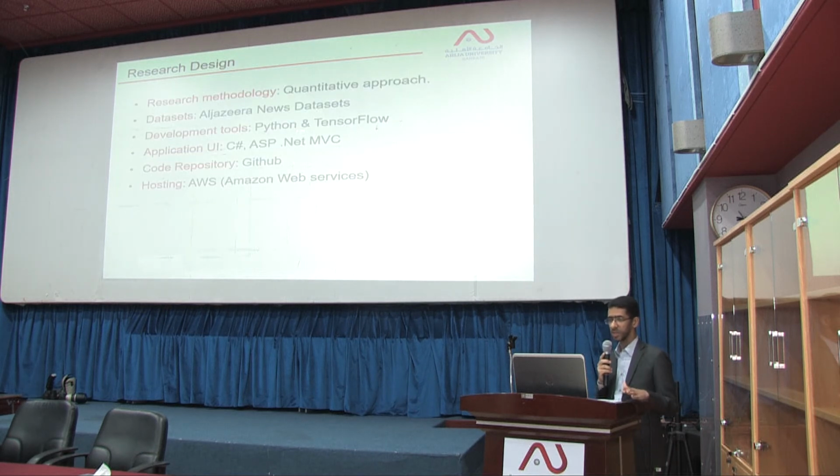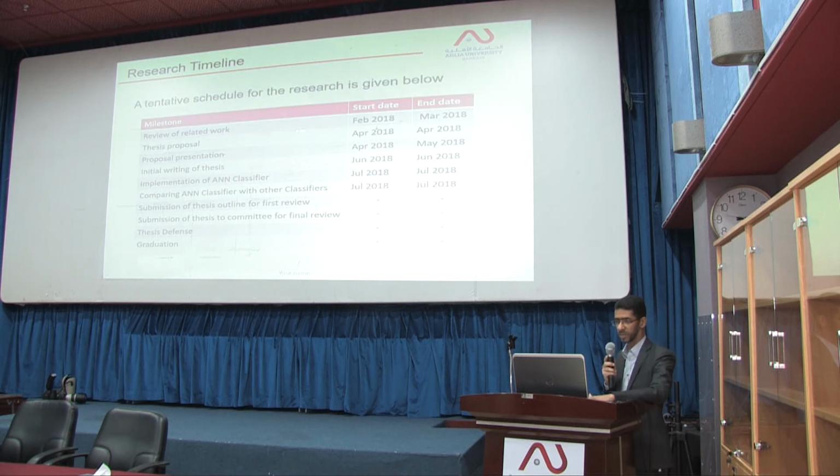The research design here is a quantitative approach, with data sets from Al Jazeera. Development tools will be Python and the TensorFlow library. For the application UI, I will use ASP.NET MVC. For holding the code it is GitHub, and hosting will be AWS Amazon services. And here is a tentative schedule for the research.